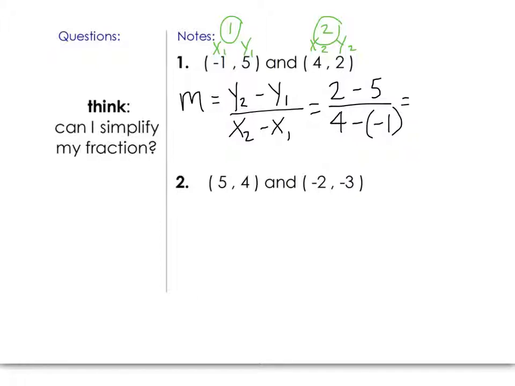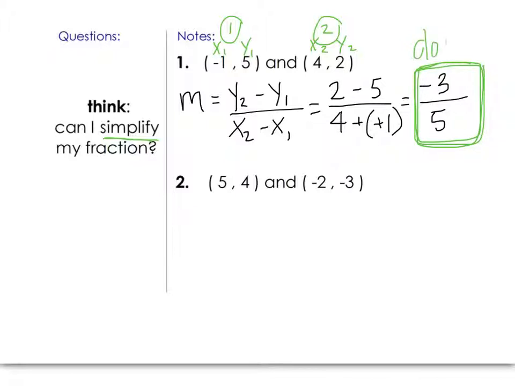Well, 2 minus 5 gives me negative 3. 4 minus negative 1 is 4 plus 1, which gives me 5. Can I simplify negative 3 over 5? If I do negative 3 divided by 5, math, enter, it gives me this fraction back. This fraction is my slope, meaning I go down 3 and then to the right 5.